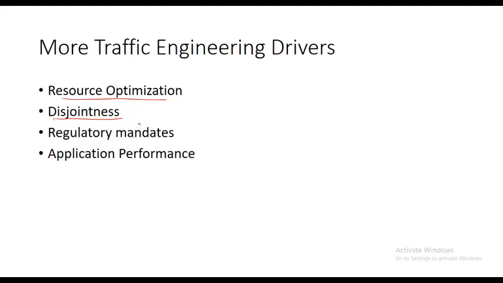That's regulatory. So even if one path goes down, I should not say, customer, wait for 10 minutes, we are fixing it, we are working on it. No, I should not say that. Regulatory mandate says 24/7 the customer should have 500 kbps. Whatever happens, they should not get dropped. Then I need traffic engineering. And then application performance. Some applications need some bandwidth reservation.